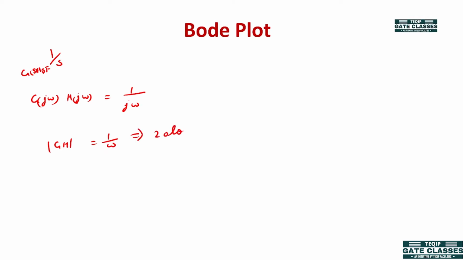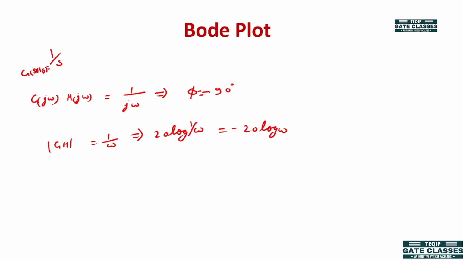Similarly, if we have a pole at origin, this is equal to 1 upon jω. So our magnitude of GH is 1 upon ω, or in decibel form it is 20 log 1 by ω, which is equal to minus 20 log ω, and the phase angle would be a constant minus 90 degrees.